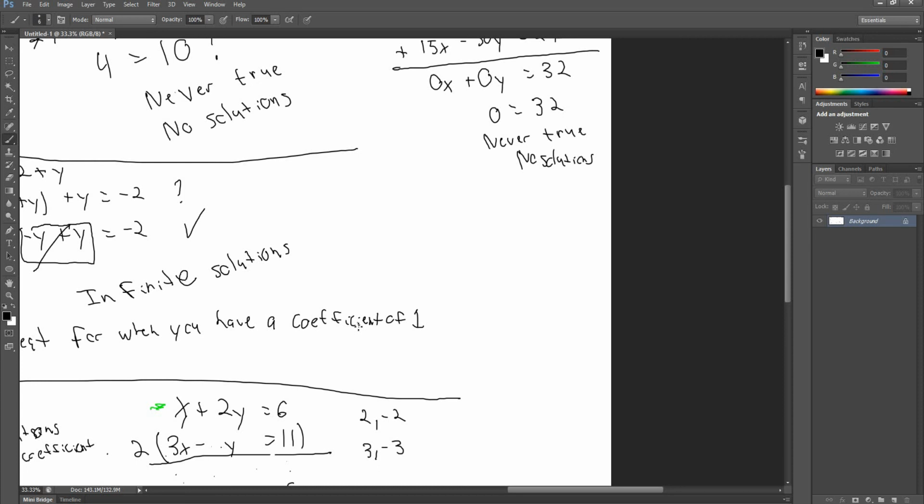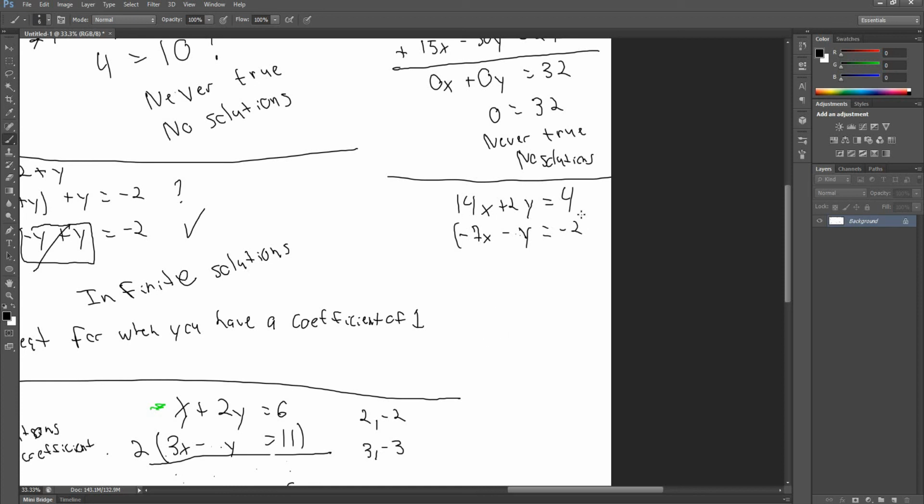And then last but not least, if we had, say, 14x plus 2y, I think you're getting the point of the multiplying at this point. So I'm going to make this one a little bit easier. So minus 7x minus, not 2y, minus a y is equal to negative 2.